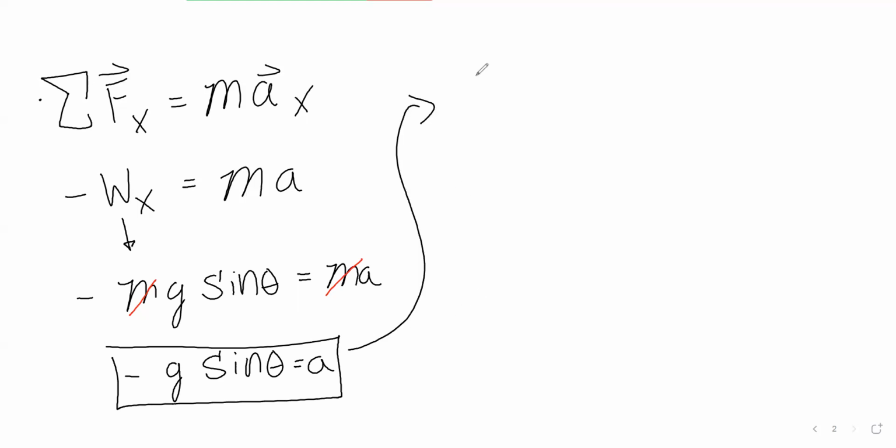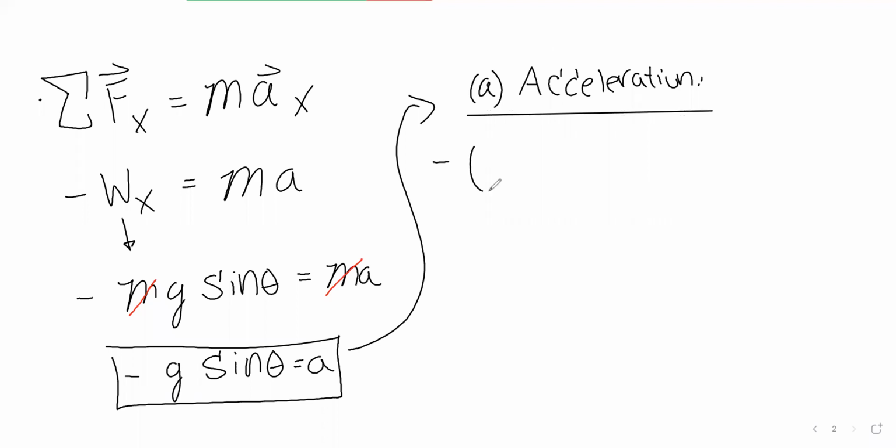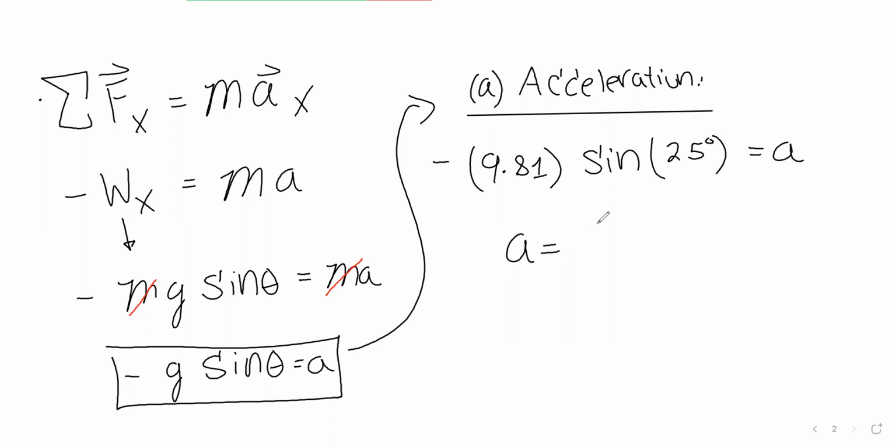That's part A. Once you plug in those numbers, we'll get negative g, which is 9.81, sine of 25 degrees. So for the acceleration, we'll get negative 4.15 meters per second squared.